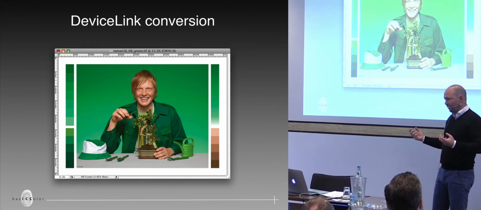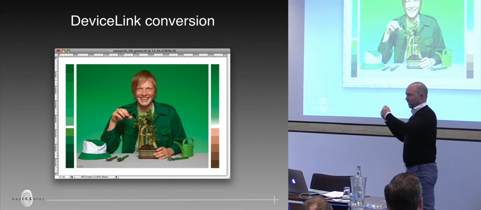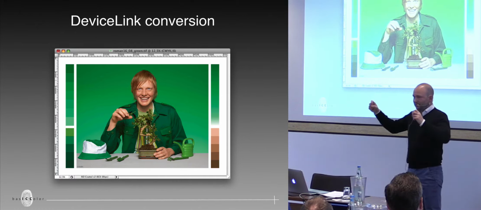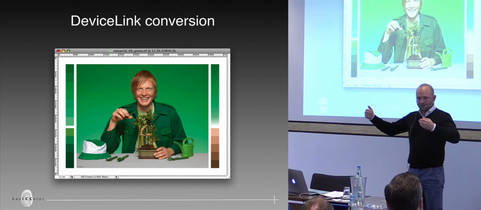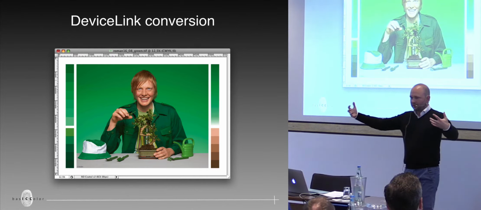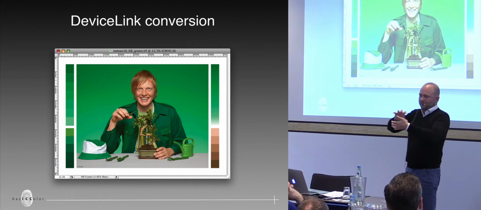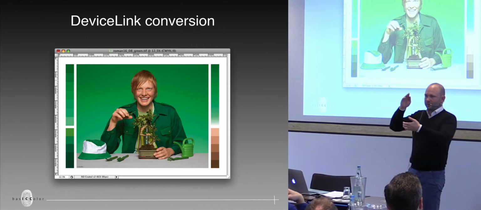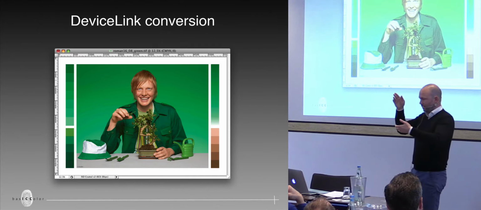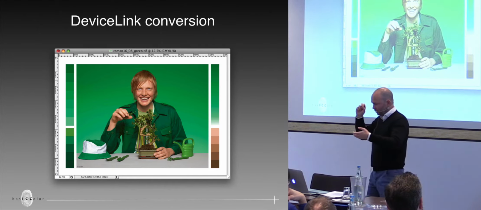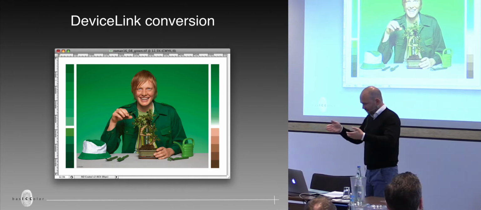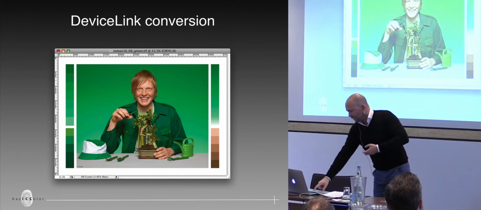A DeviceLink profile has very big advantages, but the disadvantage is it's not so flexible. A DeviceLink profile is a fixed connection of two color gamuts. That's the disadvantage, but the big advantage is that you can make certain definitions, definitions of certain things I would like to show you now.